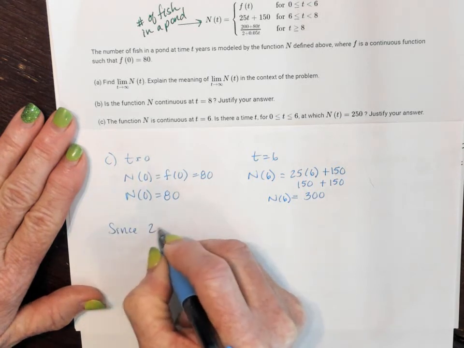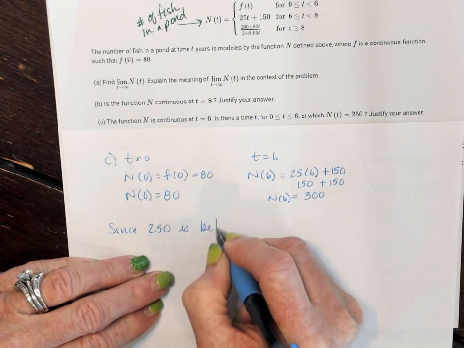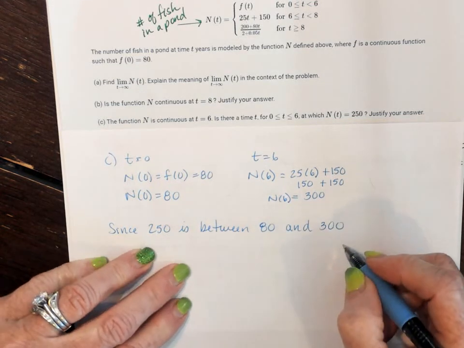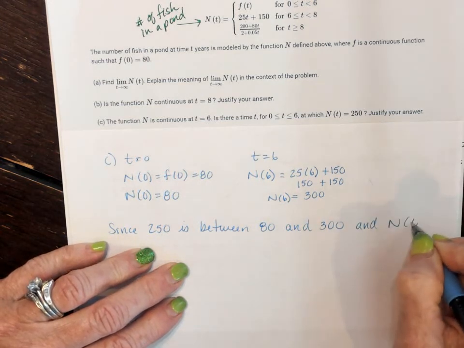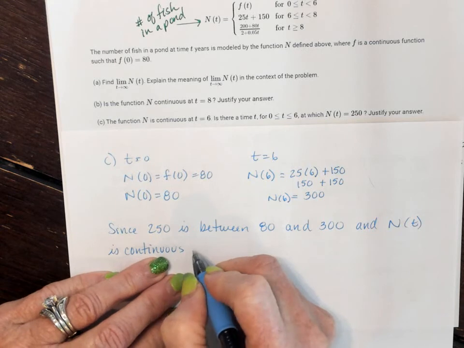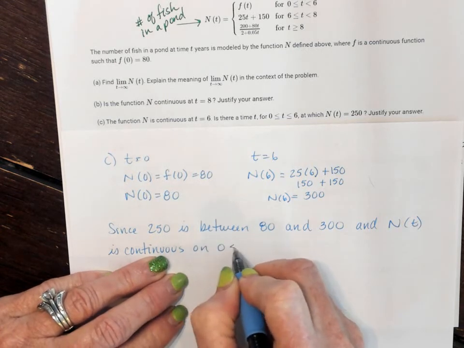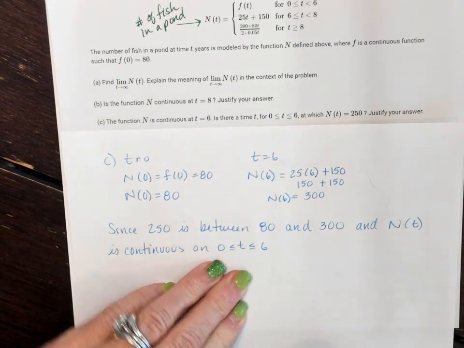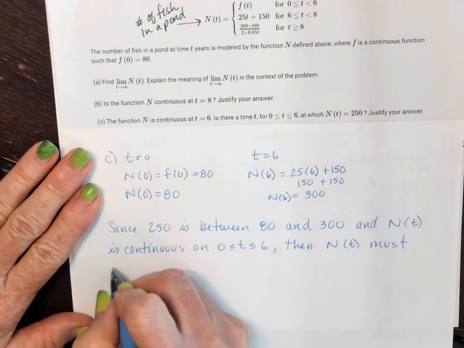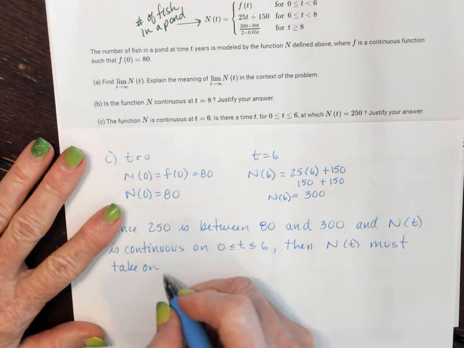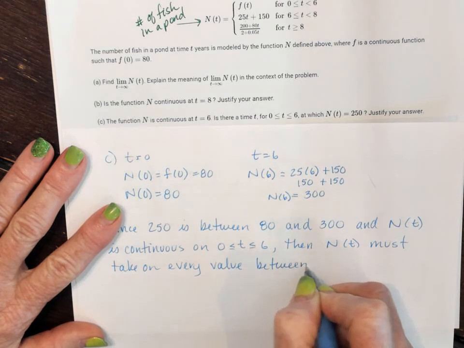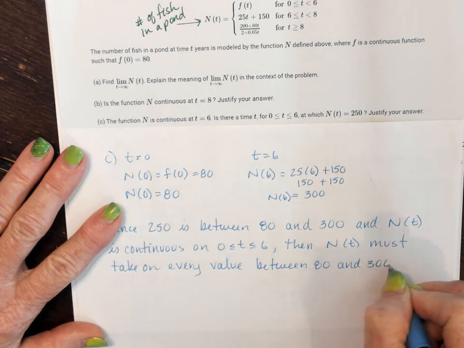Since 250 is between 80 and 300, and n of t is continuous on 0 up to 6, then n of t must take on every value between 80 and 300.